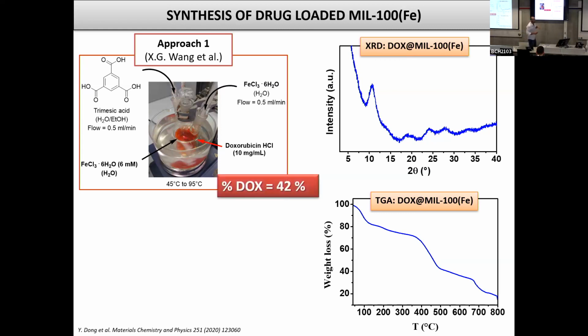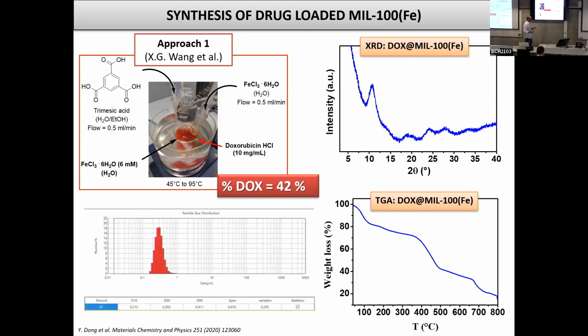We evaluated, as preliminary data, a 42% doxorubicin loading. On the other hand, we also tried to understand the dimension of the system, and to be honest, it's quite high, being around 400 nanometers.